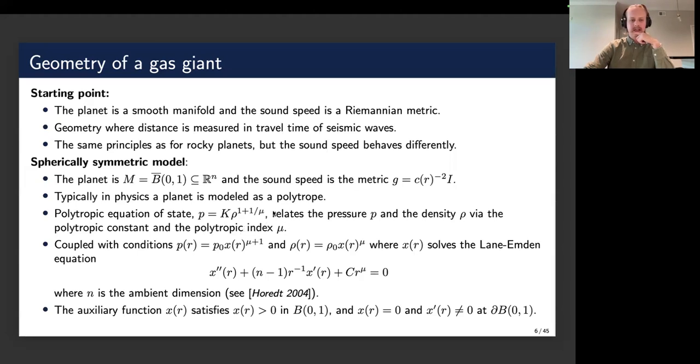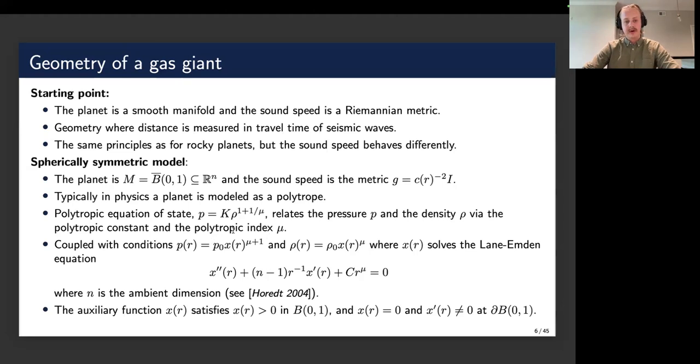It's called the polytropic index, which is the model parameter, if we put it that way. And then this polytropic equation of state usually comes coupled with certain conditions which talk about an auxiliary function x, which is related to the pressure and the density.